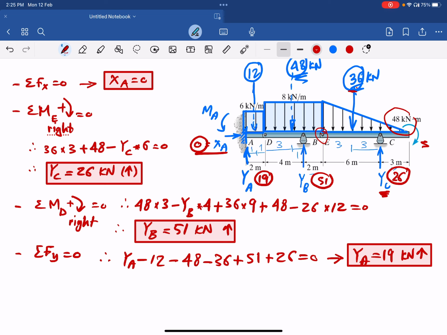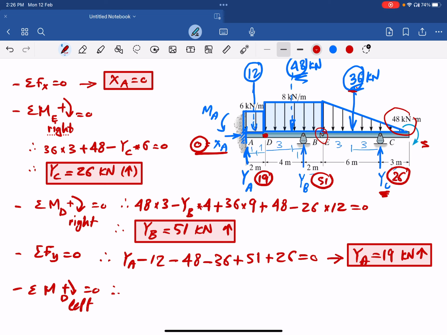Now, to get the moment at A, the easiest way is to just take a moment at the intermediate hinge here for this part, for AB. So we take the moment at D for the left side. Let's do that. Summation of moment at D left equal to 0, and therefore here we assume the clockwise rotation is positive.